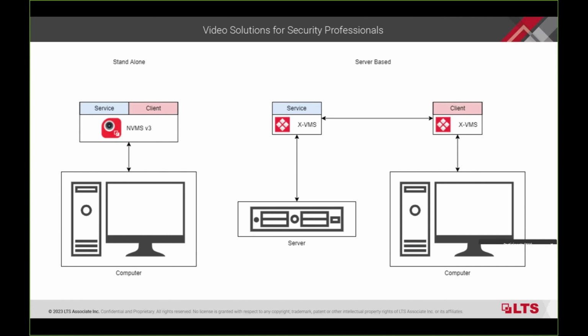In the case of NVMS v3, the service and the client are all packaged together into a single piece of software. The XVMS, however, is differentiated because the service and the client are actually separated into two different pieces of software. They're still going to be roughly referred to the same way. There's the XVMS service, and that's the software that actually is hosted on a server of some sort.